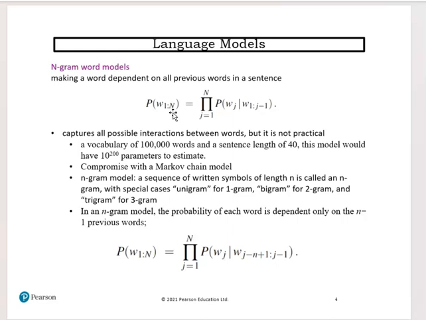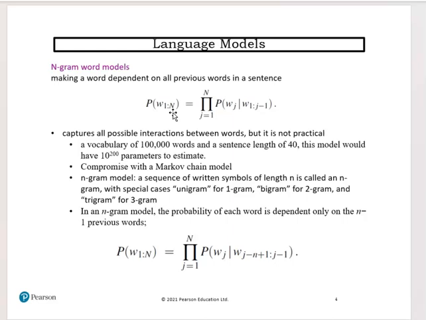So instead, we use a Markov chain model where we cut our dependence to maybe 1 or 2 words earlier than the word we're currently calculating the probability for. That gives us special cases of the n-gram model, like the unigram model, which is essentially the bag of words model, because in that case the word depends only on itself.